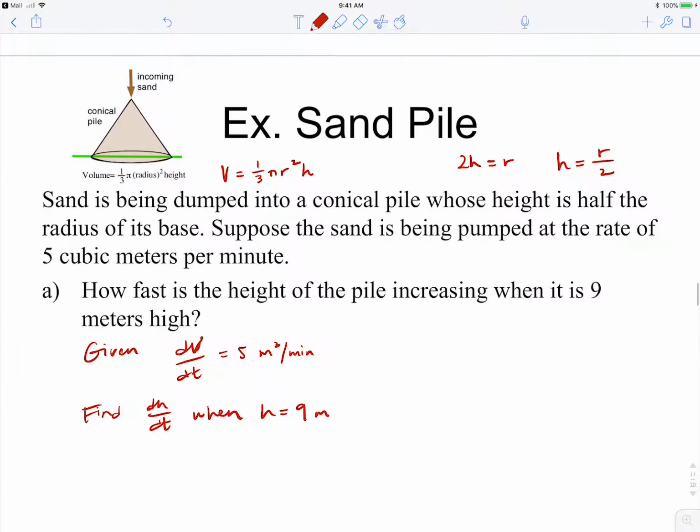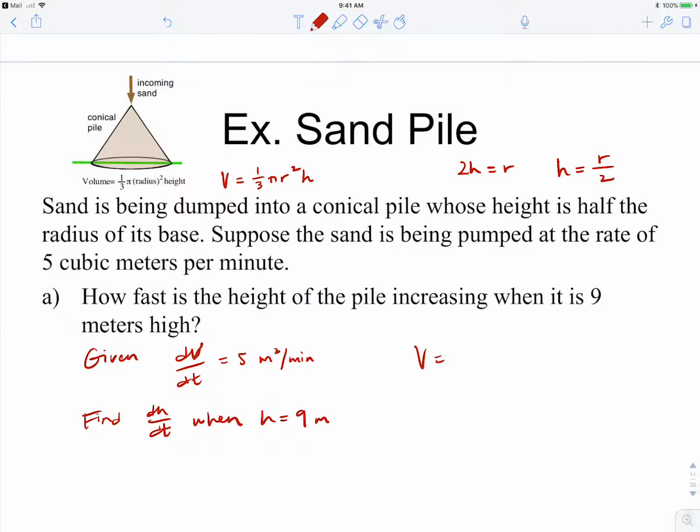So we can rewrite the equation for volume in terms of just h. Since we're solving for dh over dt, this will allow us to get rid of the r and the dr over dt when we differentiate.